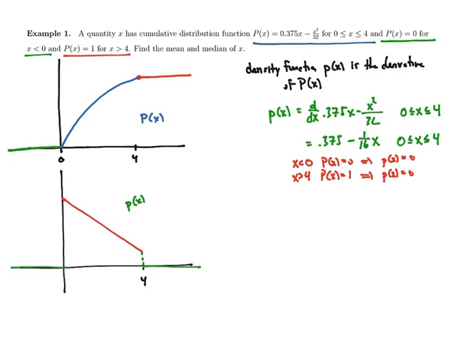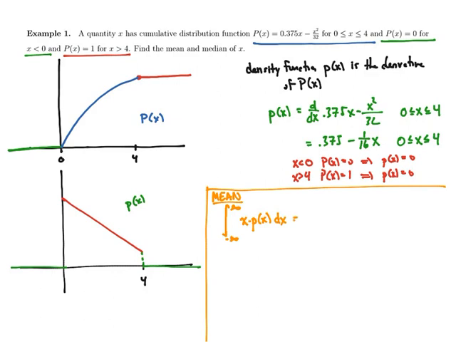All right, so that's just some stuff in general about those functions. But now let's answer the question, find the mean and the median. First, we're going to take care of the mean of this function. And then we'll talk about the median on the next page. So to find the mean, this is going to be equal to the integral from negative infinity to infinity, x, little p of x, dx.